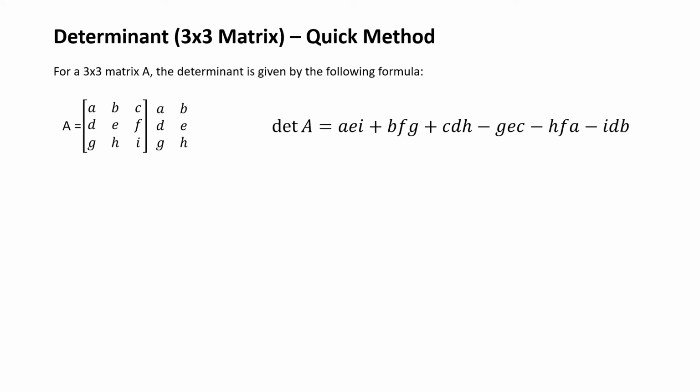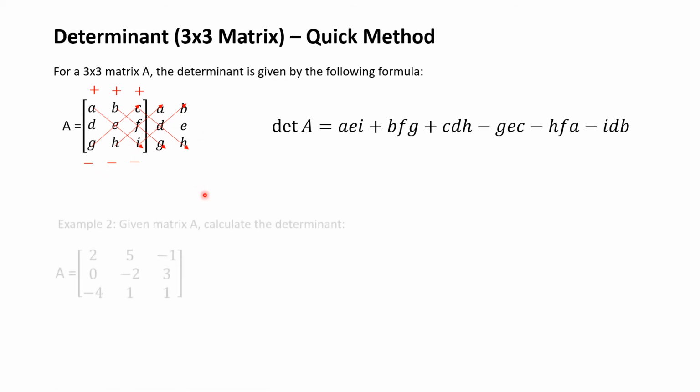Next, we want to take the product of the elements on these 6 diagonals. And please note that we want to attach a positive sign to products from the downward sloping diagonals and a negative sign to the products from the upward sloping diagonals.